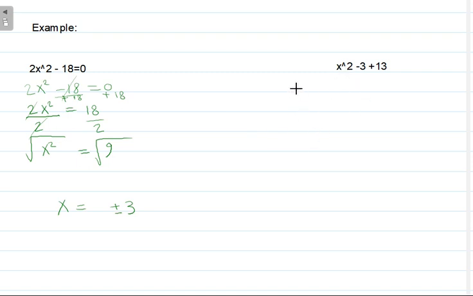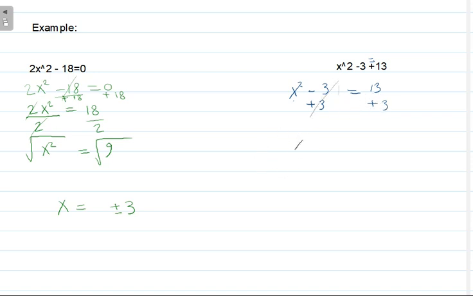This here is x squared minus 3 equals 13. This is equal, not plus. So I need to isolate c on one side and x squared on the other side of the equation. All I need here is to add 3 to both sides of the equation.